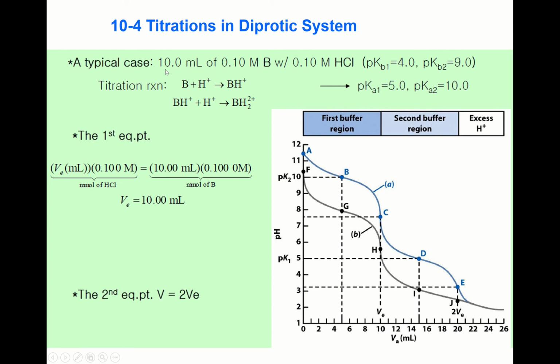Here is the example: 10 milliliters of 0.1 molar B is titrated with 0.1 molar strong acid, hydrochloric acid. Here pKb1, let's say, is 4 and pKb2 is 9.